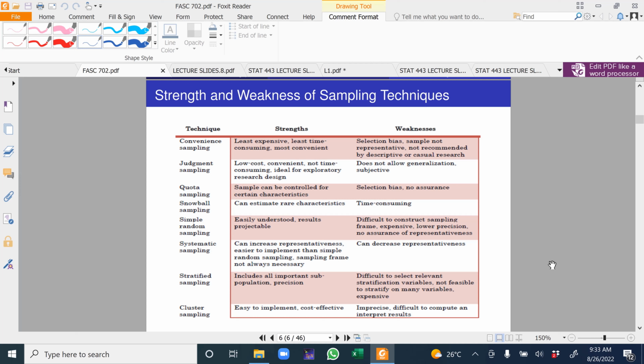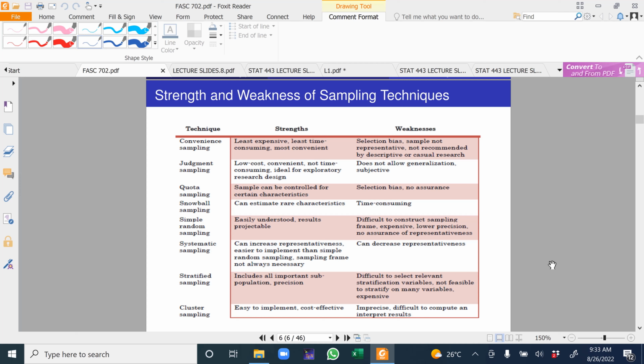Now remember, your objectives will determine the technique you use. Not all surveys or not all forms of research will require you to use probability sampling. In fact, if you go to areas like social sciences, sometimes non-probability sampling is commonly used there.